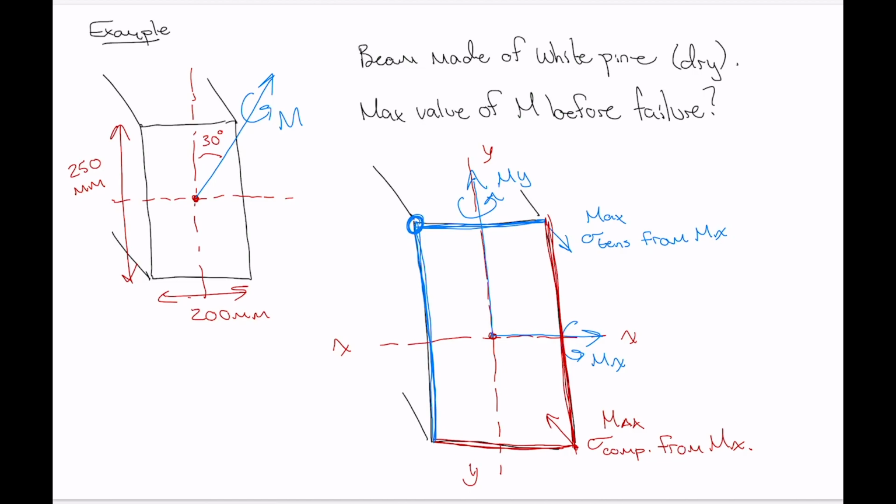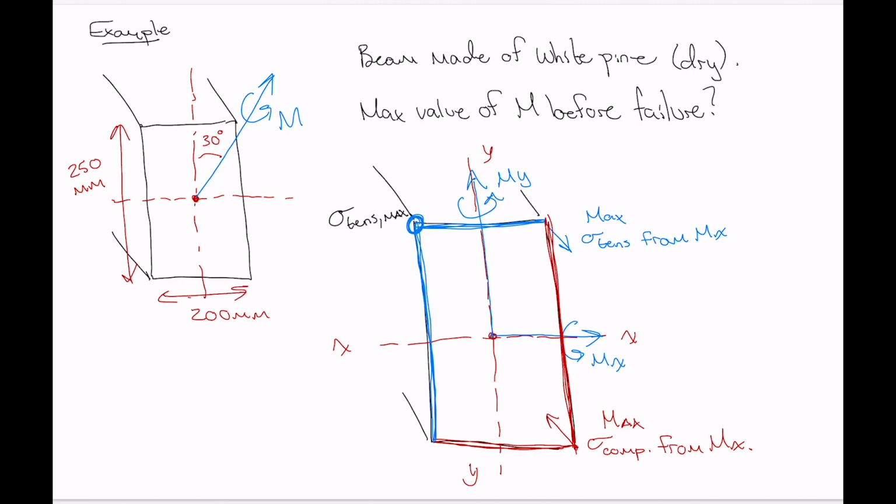The tensile stress from both of those components of the moment are maximum at that corner. Right? So we've got sigma tension max at that corner where those tensile stresses are adding.